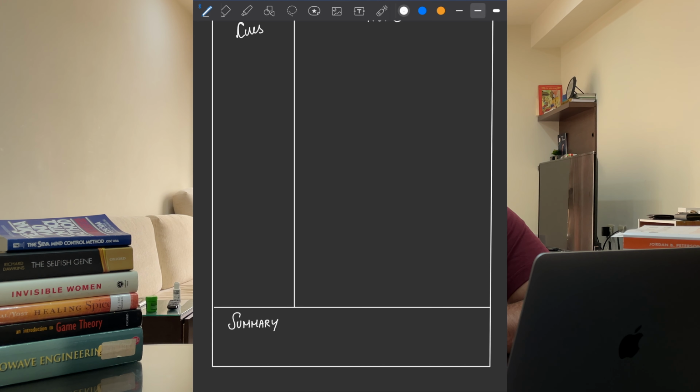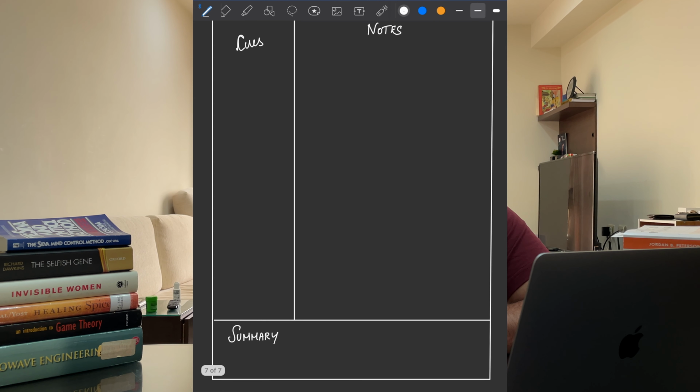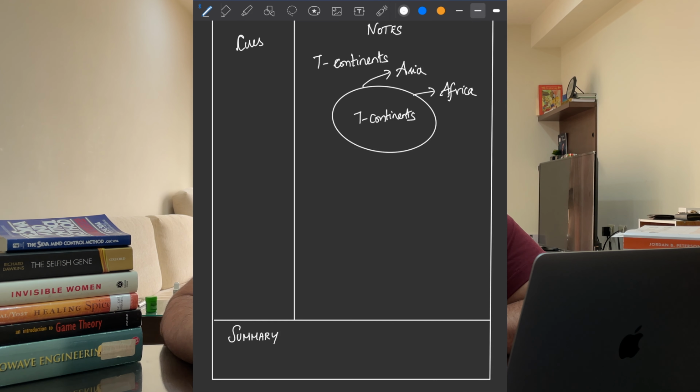Let's consider the example of the 7 continents once again. Inside the kernel method, what we are going to do is incorporate the mapping or the spider method. So now we have incorporated all the 7 continents using a spider diagram or a mapping diagram.